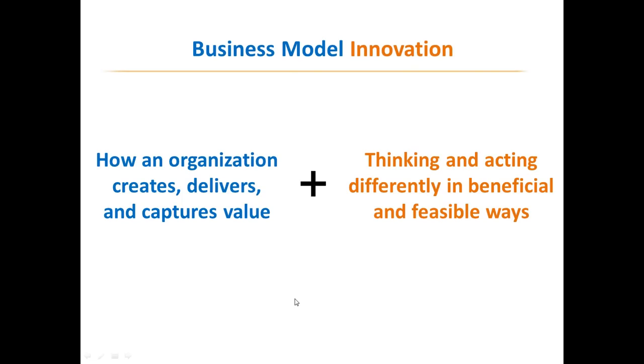So the combined definitions should look something like this. On the left-hand side, the way we create, deliver, and capture value, and on the right-hand side, the way we think and act in new ways, in different ways, to create value for our company and our customers, and ways that are both beneficial, of course, and feasible.